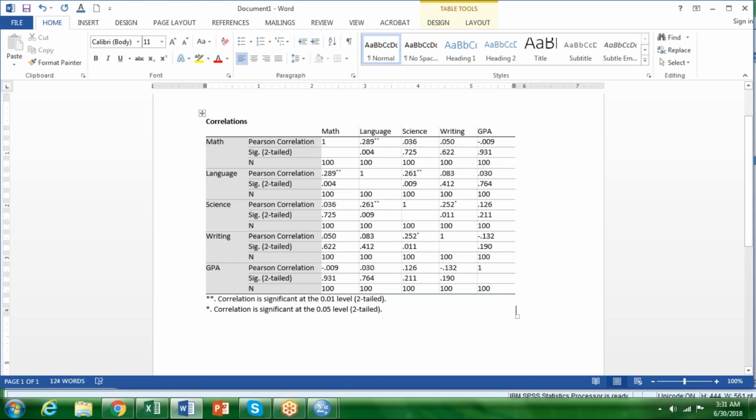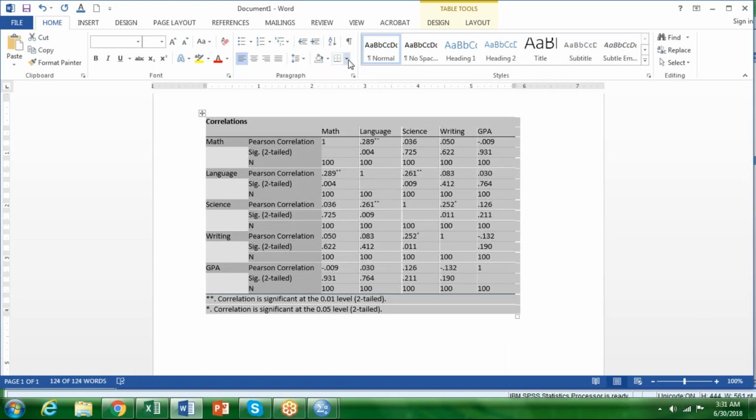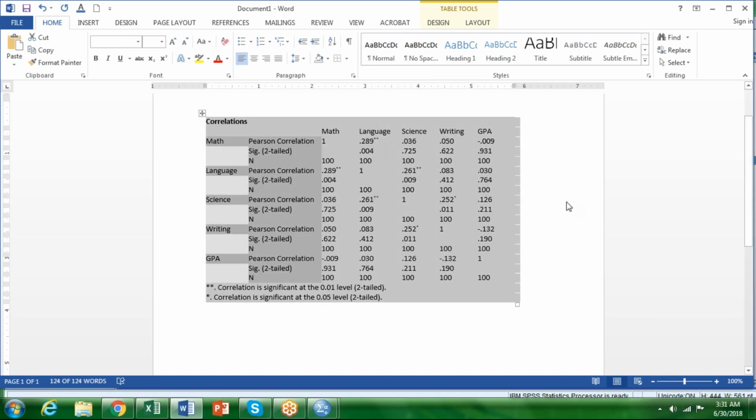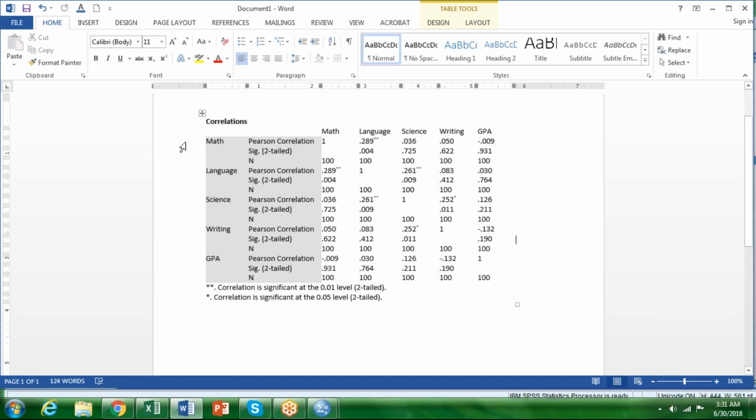Now, if you wanted to, you can do all the table options. Go to borders and shading and take no borders out. So if you take all the borders out, you can clean this up.